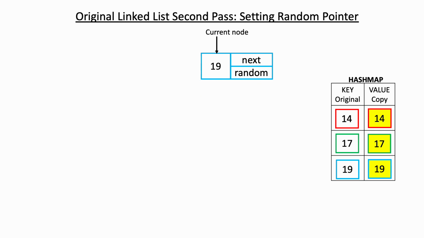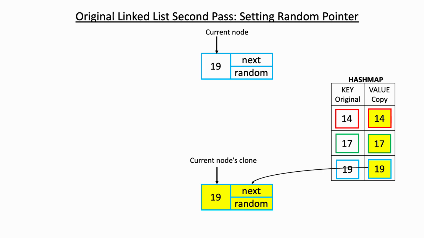Next, let's set the random pointer of yellow node 19. We get the current node's clone from the hash map. Next, we get the random node from the random pointer of the current node. Because the random node is null, it won't have an entry in the hash map, so we ignore doing any further operation.